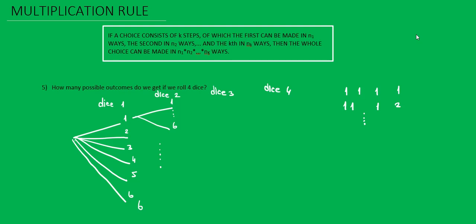The second step can be made in 6 ways, 6 ways, 6 ways. So altogether, if we want to calculate the total number of outcomes, we can say 6 times 6 times 6 times 6. And we can use the calculator here, of course, if you want to. And when we calculate this product, it comes out to 1,296 possible outcomes. Okay. Thank you.